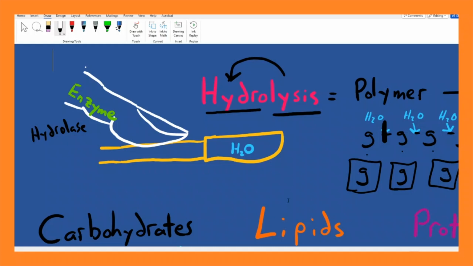This is the way we do this. The enzyme puts the water into a molecule, splitting it into smaller molecules. So make sure that you look at your particular A&P textbook as to which hydrolase enzymes you need to memorize.